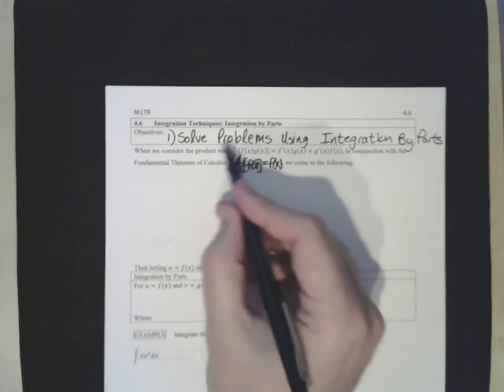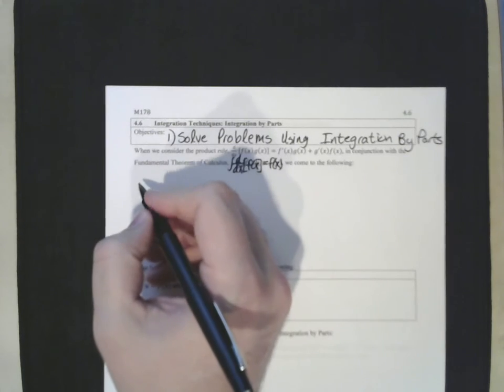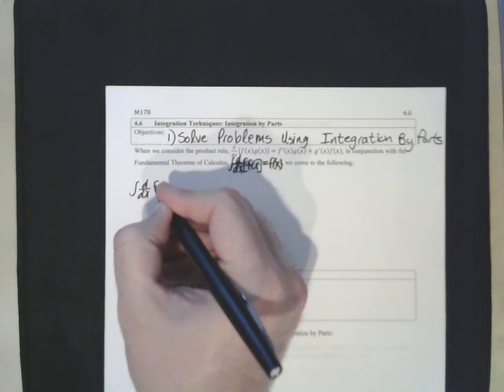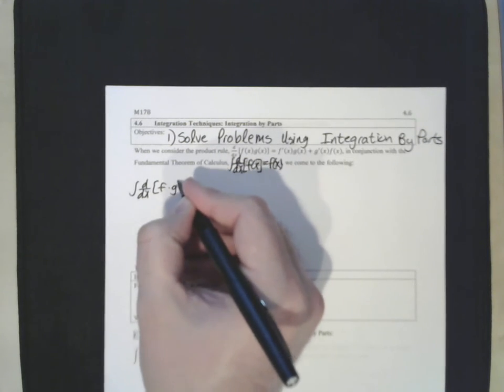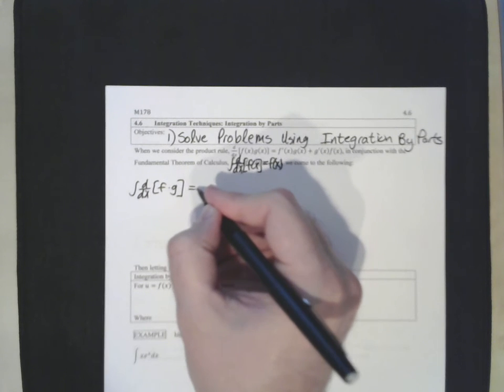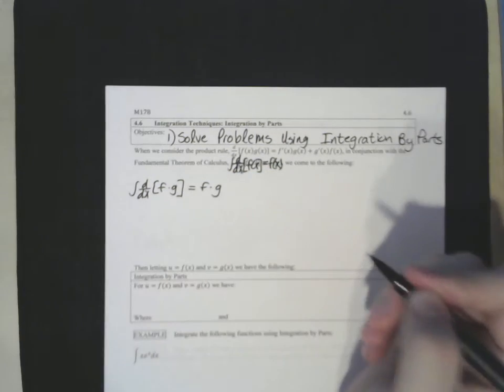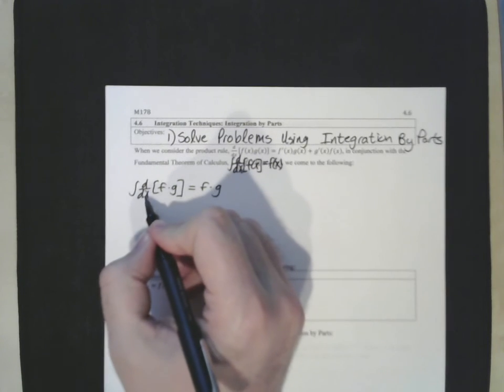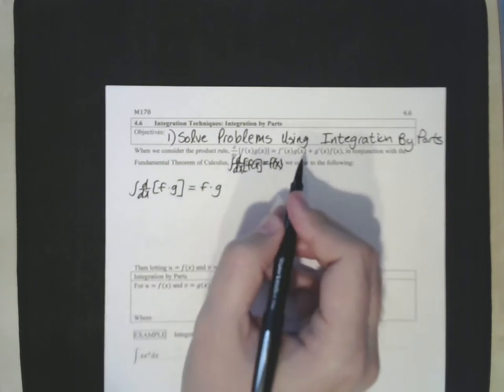So now we're going to combine that with the product rule. So this means that the integral of d dx of f times g should equal f times g. Hopefully we're all on board. Now, d dx of f times g is the product rule.